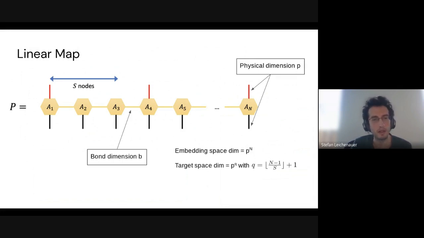So we skip every s nodes when putting an upper index. The target space has much lower dimension, but is still exponentially large in n. The data in these A's, in these tensors, are the coefficients that we train. These are the variational parameters.